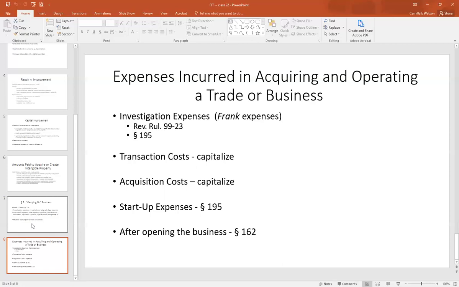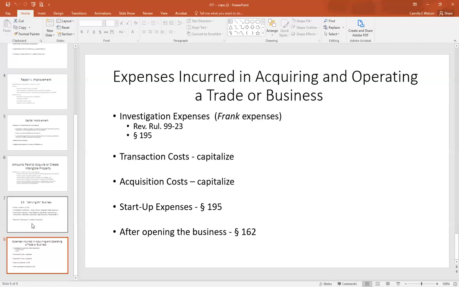As the text states, in order to fall under 195, the startup expenditures must be of the type that would be allowable as a 162 deduction if paid or incurred by an existing trade or business. So in order to use 195, first of all, the taxpayer must enter the trade or business.